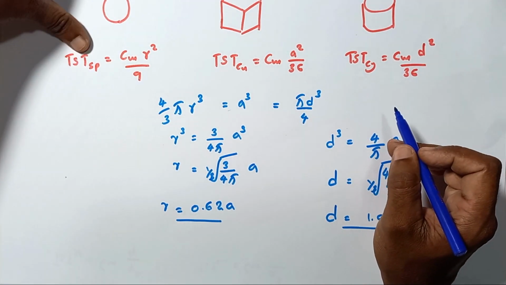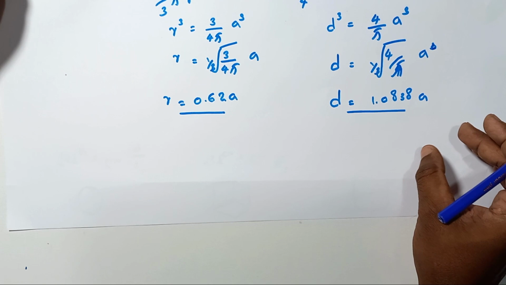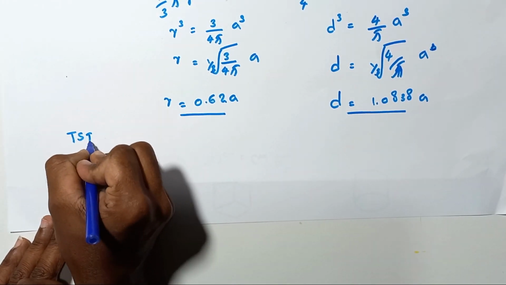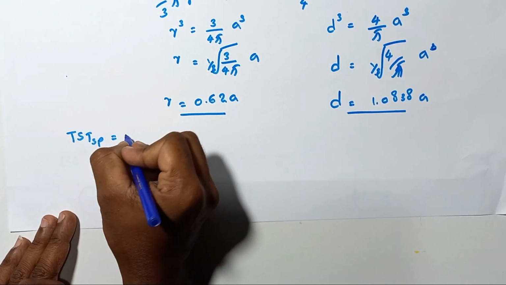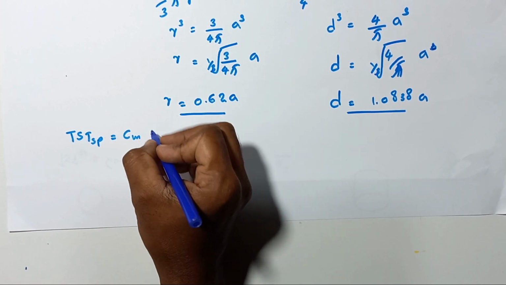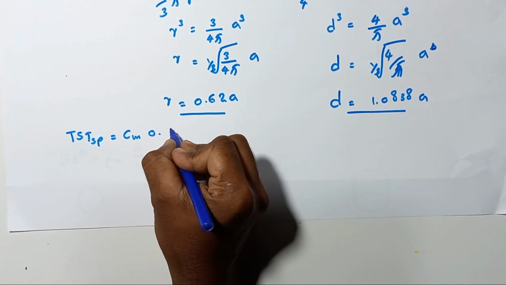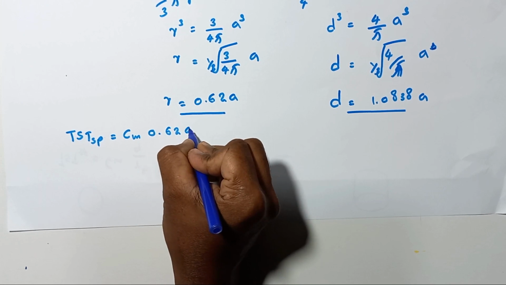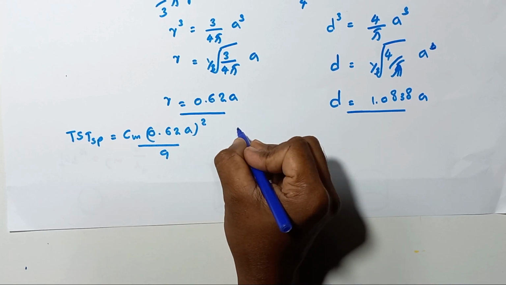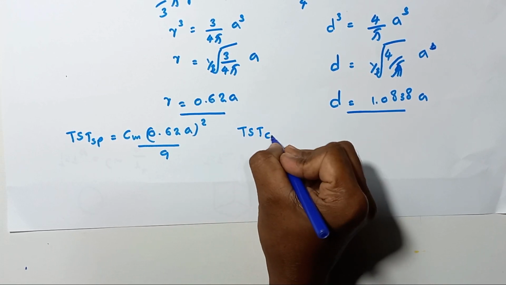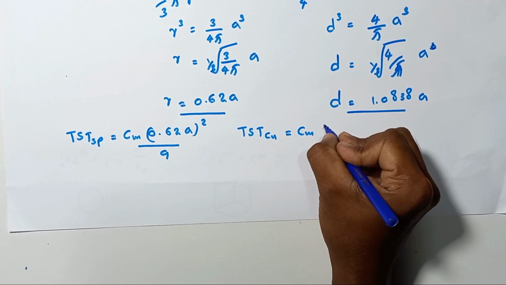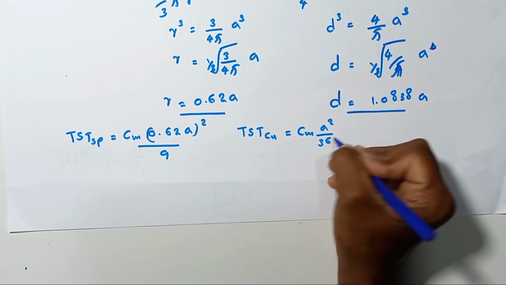After substitution, the total solidification time of the sphere is equal to Cm, and instead of R I'm going to put 0.62 into A, whole squared, divided by 9. Then the total solidification time of the cube is Cm A squared divided by 36.